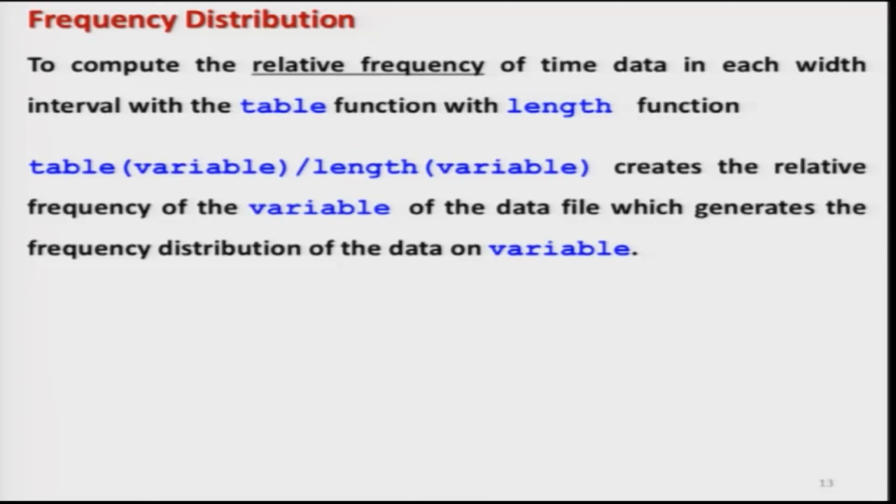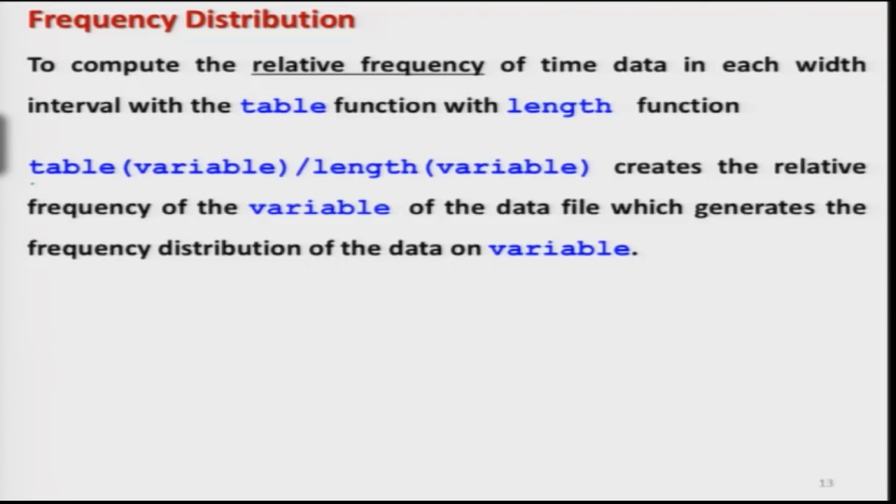The relative frequencies are simply obtained by dividing the absolute frequency by the total number of observations, for which we had used the command length. So, in order to find the frequency distribution with respect to relative frequency in the same data set, I simply have to divide at appropriate places by the length of the data vector.